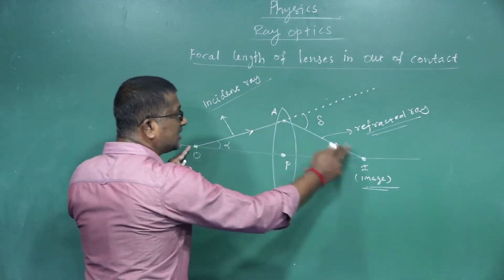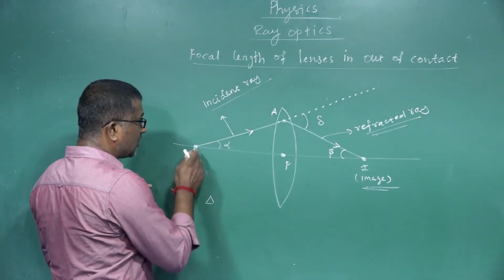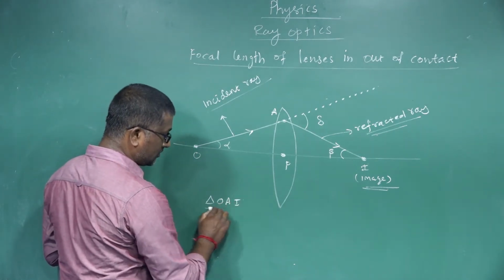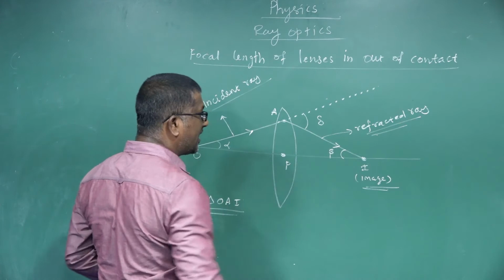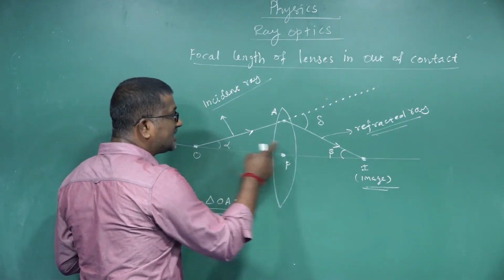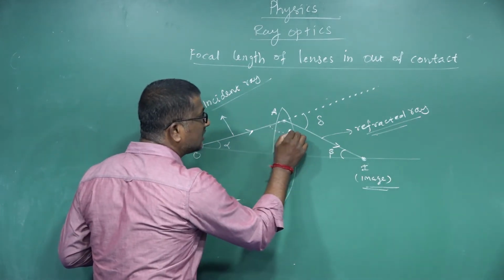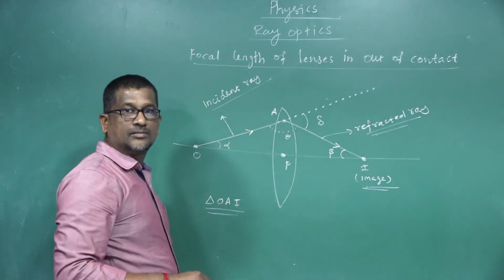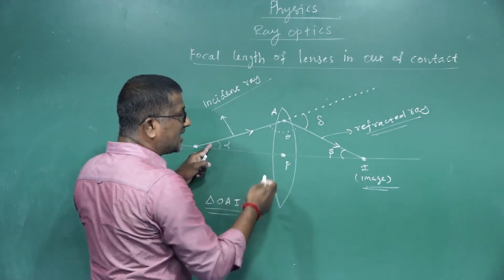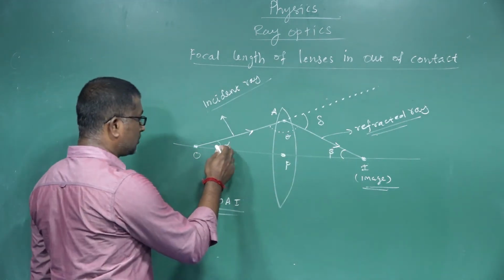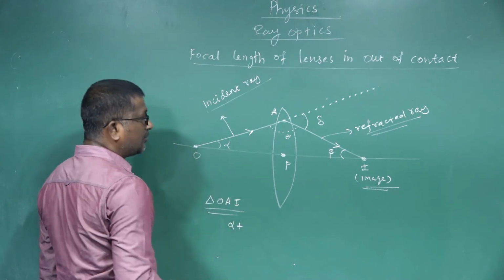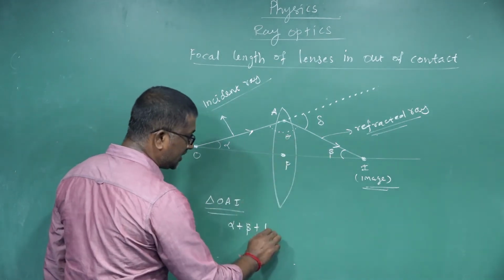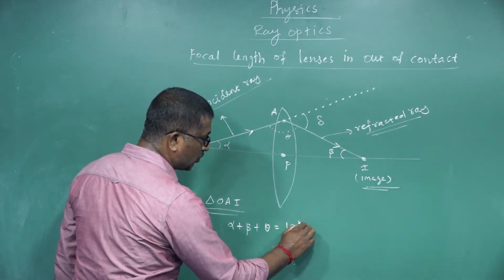Now consider this triangle O, A and I. In this triangle, suppose this angle is taken as theta. The sum of these three angles is equal to 180 degree, so alpha plus beta plus theta is equal to 180 degree.